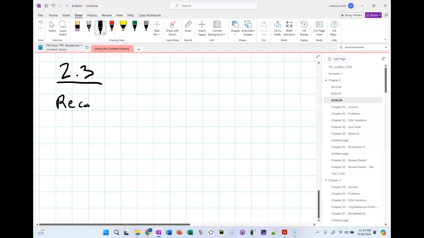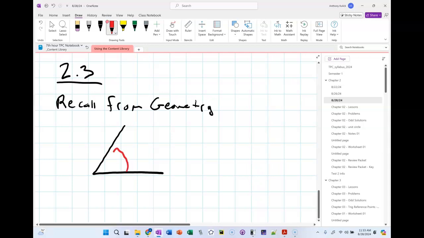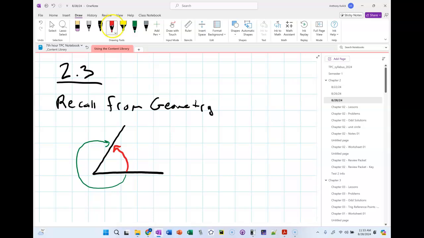So recall from geometry, when we measured an angle, we always measured the smallest way to do that, right? We always would look at this measurement as opposed to this one. Everybody remember that in geometry we measured things this way?